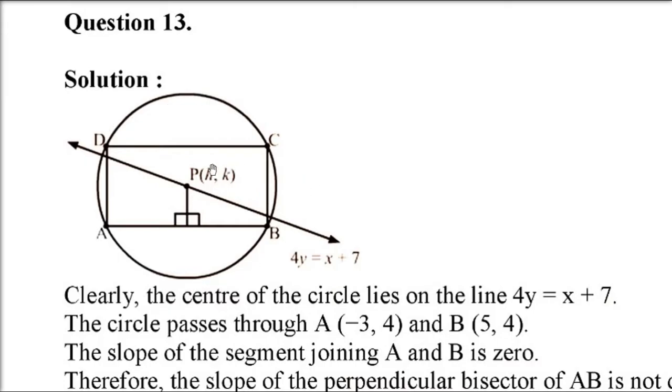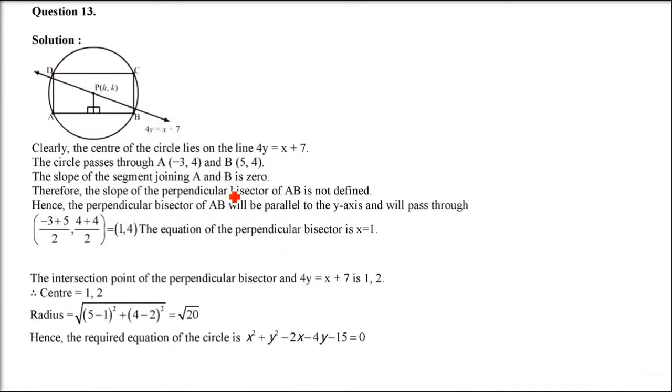And the center, which is (h, k), because it is a diameter, is lying on this diameter. So the main thing we have to do here is, see, this is a circle, this is a diameter, this is the center which is (h, k) we are talking about.